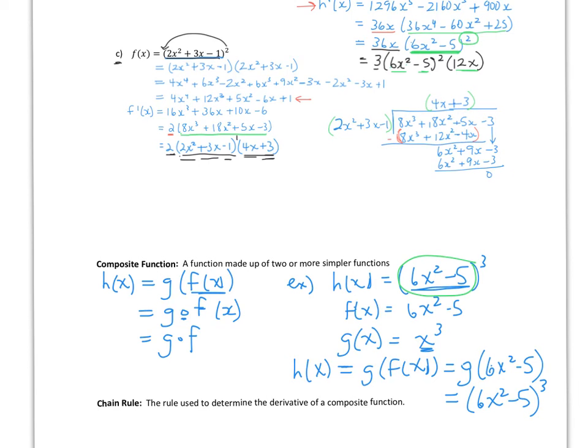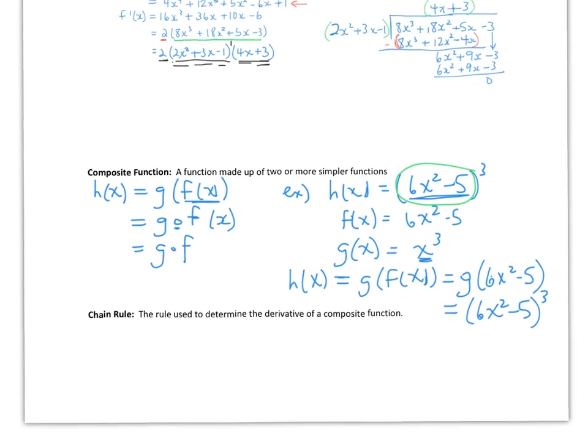All right, so the chain rule is the rule used to determine the derivative of a composite function.